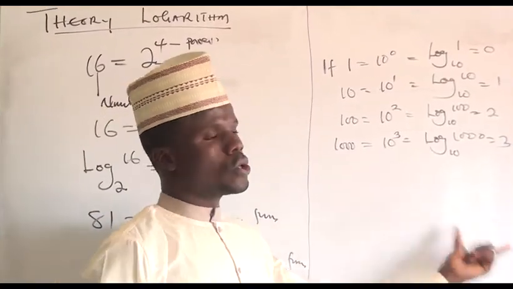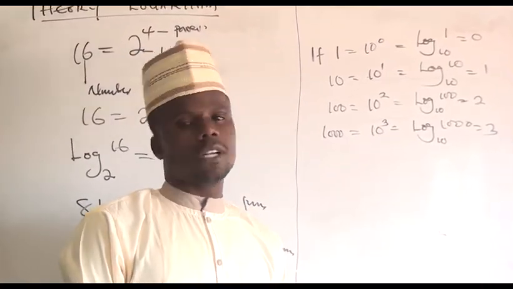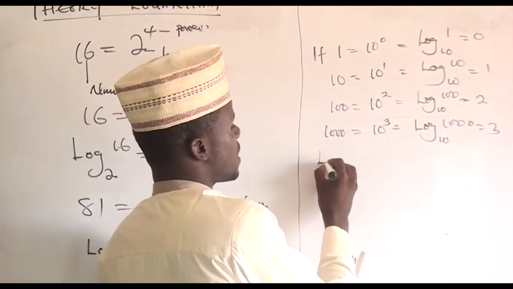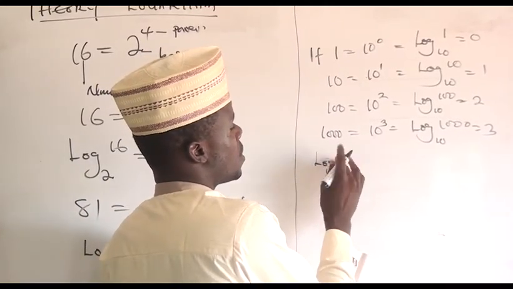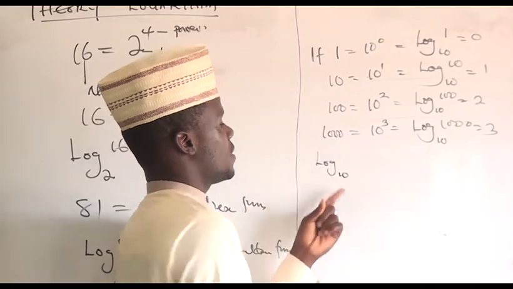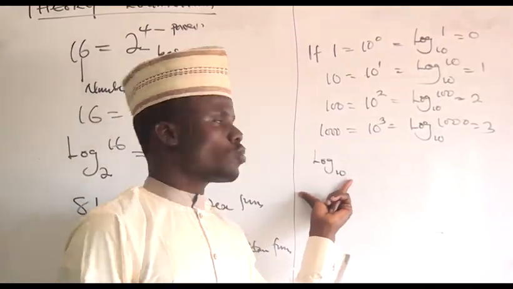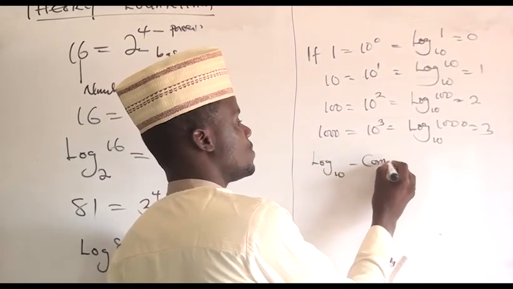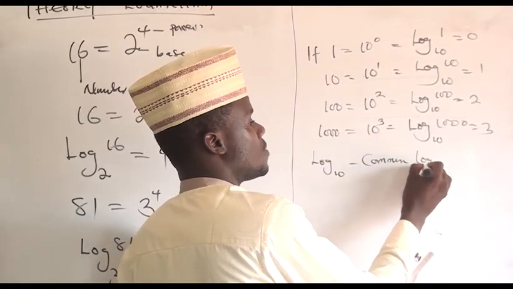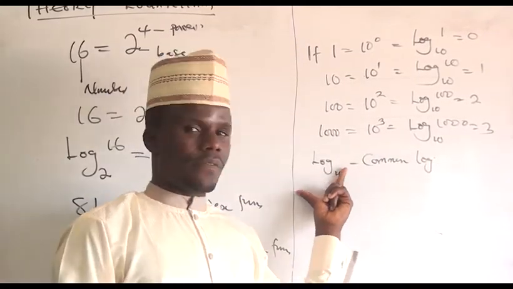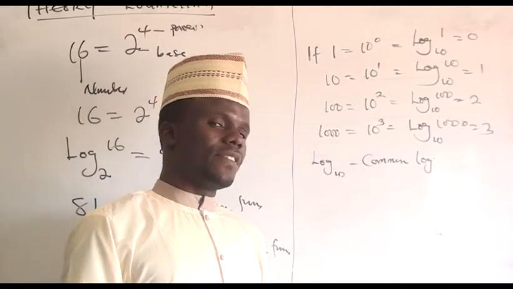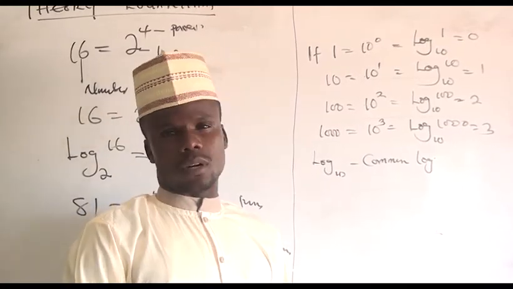Also, mind you, we have what we call common logarithm. When a logarithm has base 10, it is what we call a common logarithm. All the other bases of logarithm are not common logarithm.